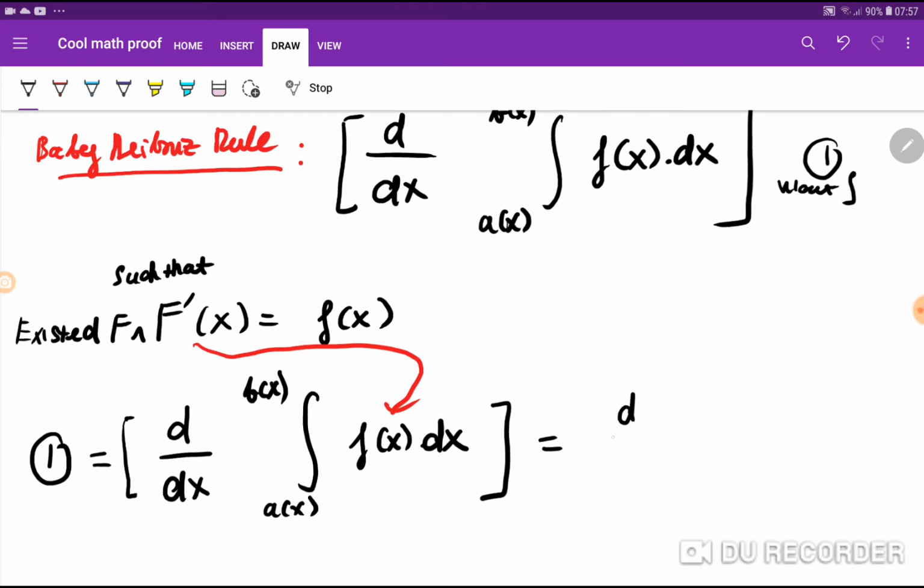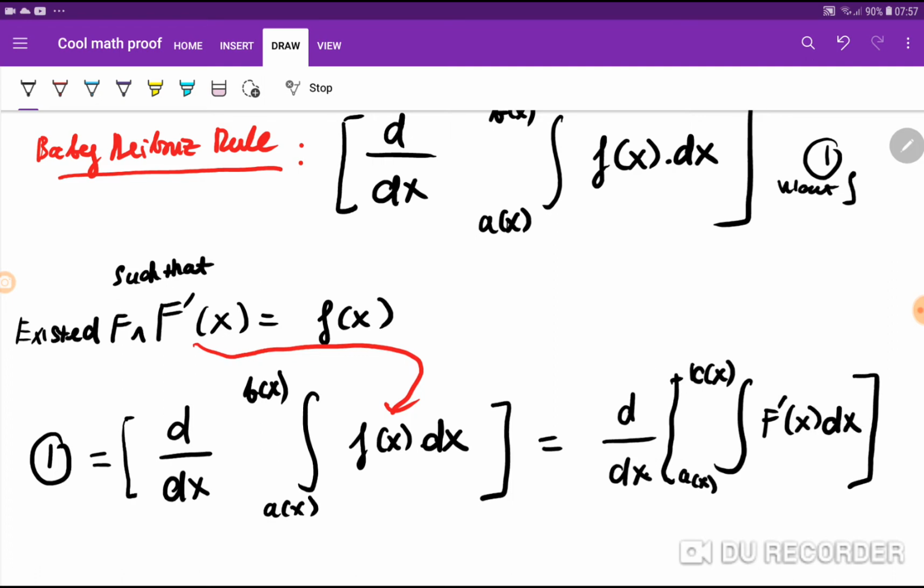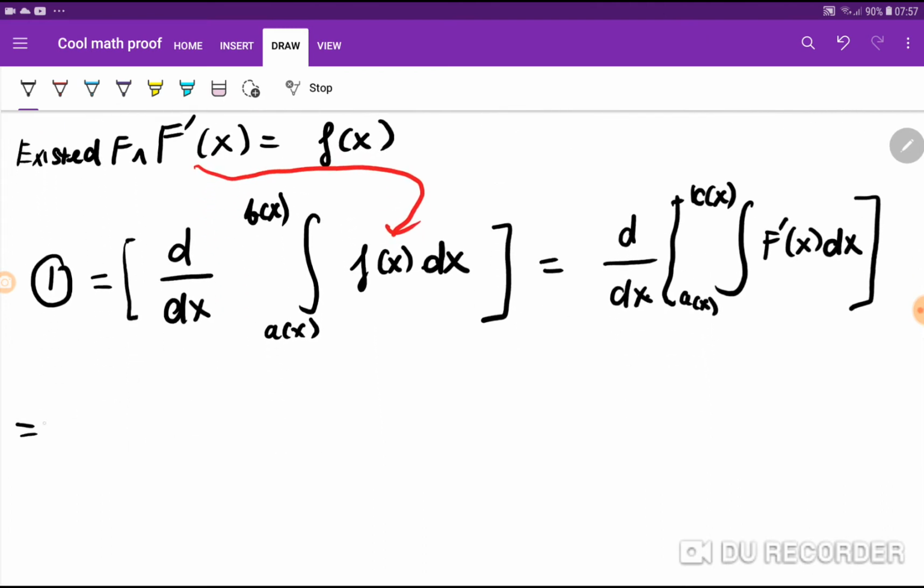So d over dx of the integral from a(x) to b(x) of F prime(x) dx. Do you agree with me? The inside will equal F(b(x)) minus F(a(x)).